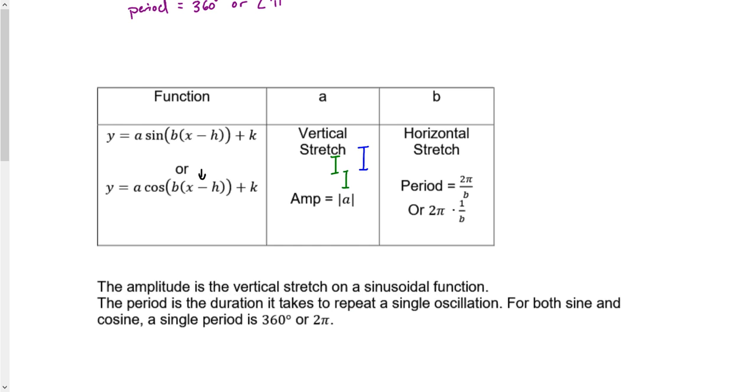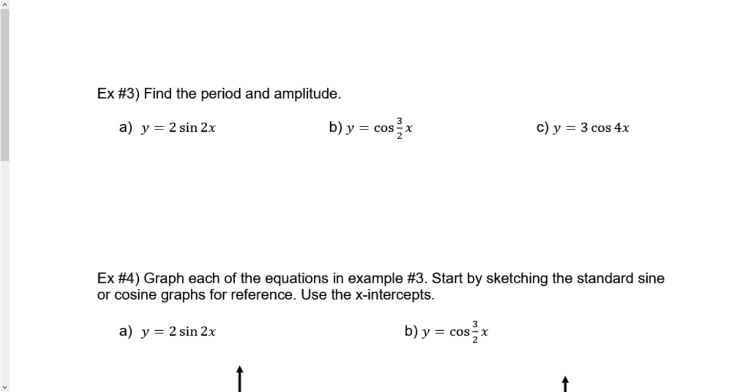Alrighty. So let's deal with a few. We're going to find the period and the amplitude of these two things. So the normal characteristics look like this. We'll get to the h and k in just a second. Either we can substitute sine or cosine in.